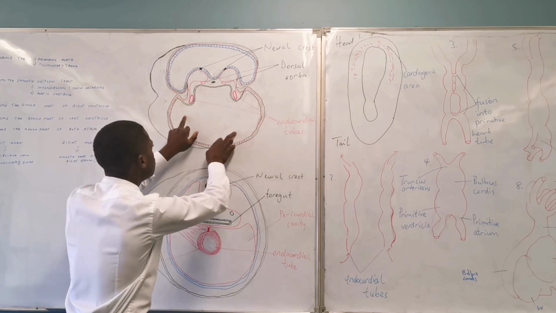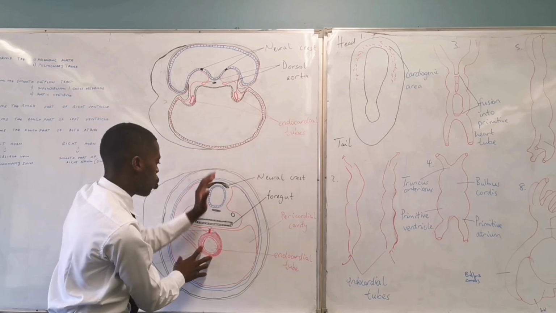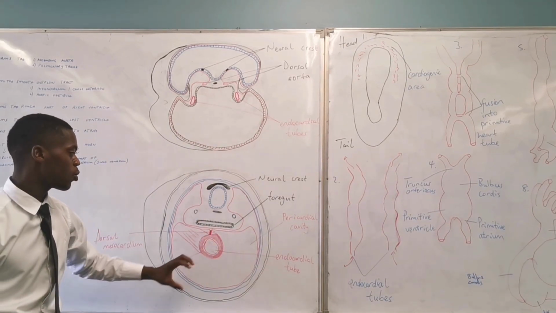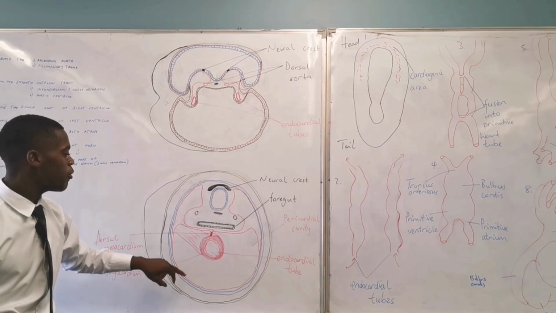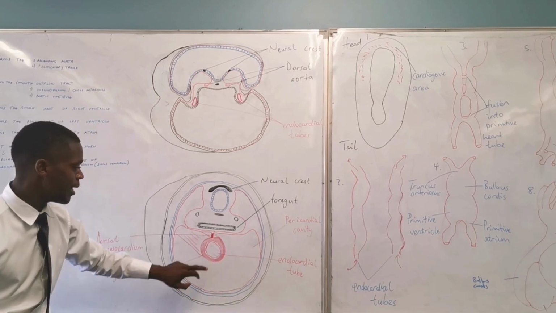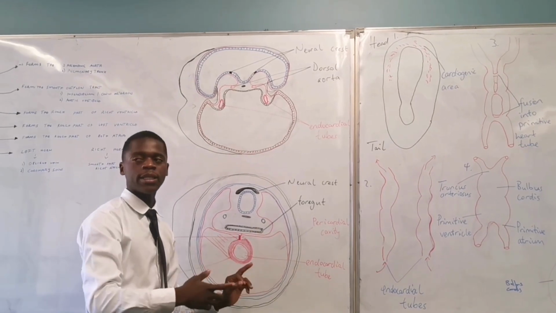As we continue with lateral folding, these two tubes are going to fuse. When they fuse, they form the heart tube. Just a brief history of this heart tube: the inner cell lining we refer to as the endocardium.